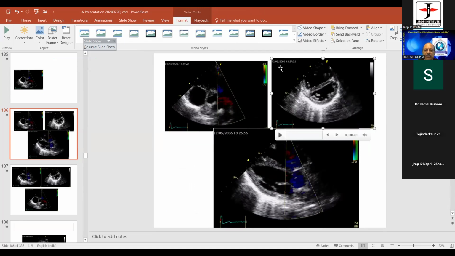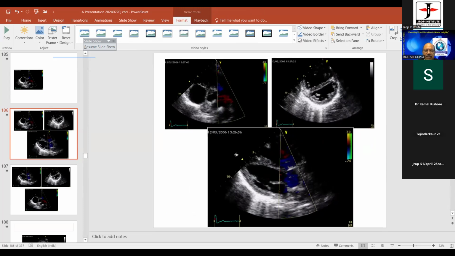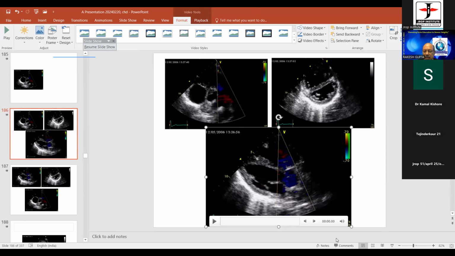Now all these pictures are right in front of you. I just need an answer, somebody to raise your hand and tell me whether PDA is present or not.